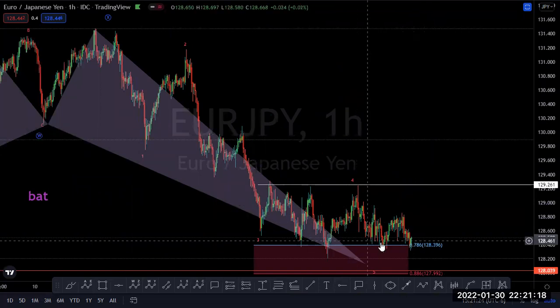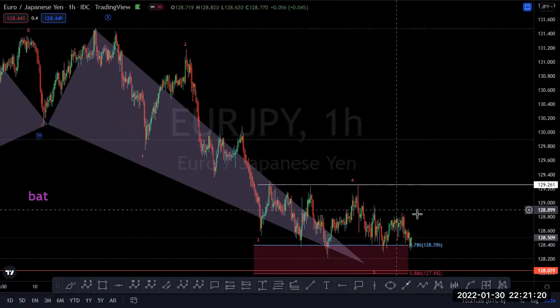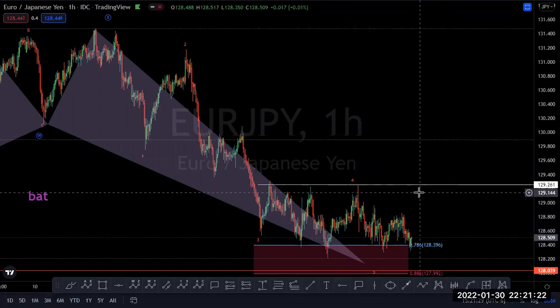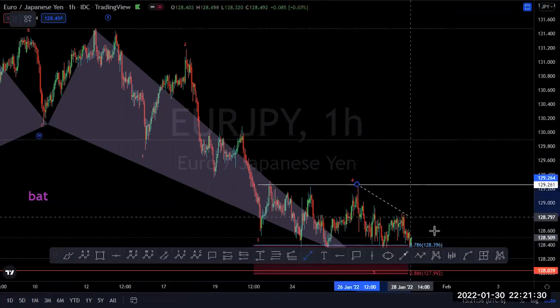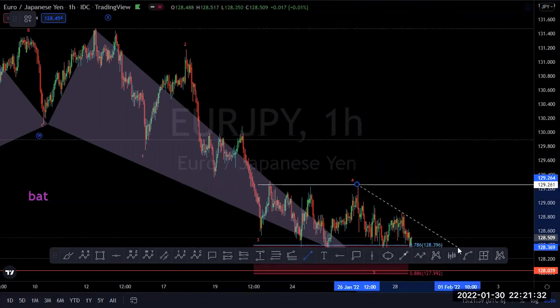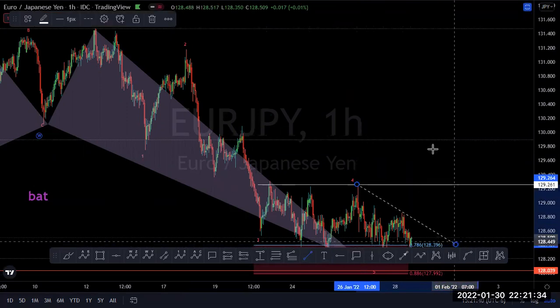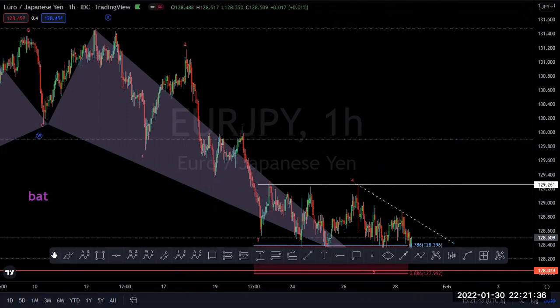You can see the way it is going, before you know it, it will break all this channel it is making and price will begin to go up. You can see it's trying to make a new lower low.